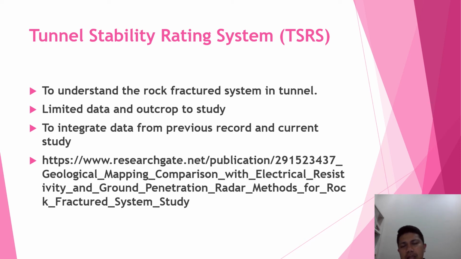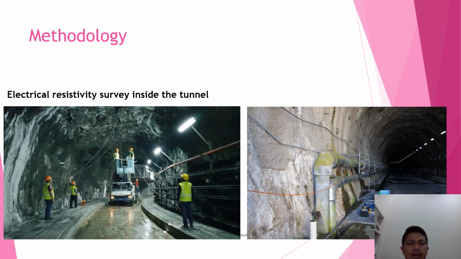Okay, so last time I used resistivity and GPR to map the unstable area. This is an example again, a site photo. We used a crane skylift to drill the top of the tunnel at the crown area, very challenging last time.